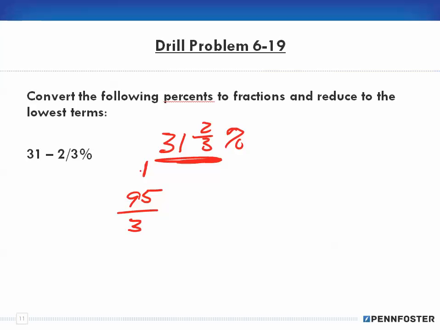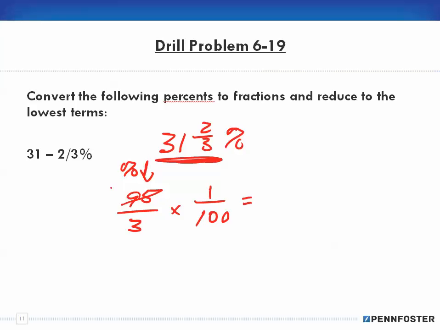Now remember, that's still a percentage. Even though it's a fraction, it's represented as a percentage. We just want the straight fraction as a numerical number, right? And when we have that, we multiply by 1 over 100 in order to get the actual fraction without the percentage. We can cancel here.